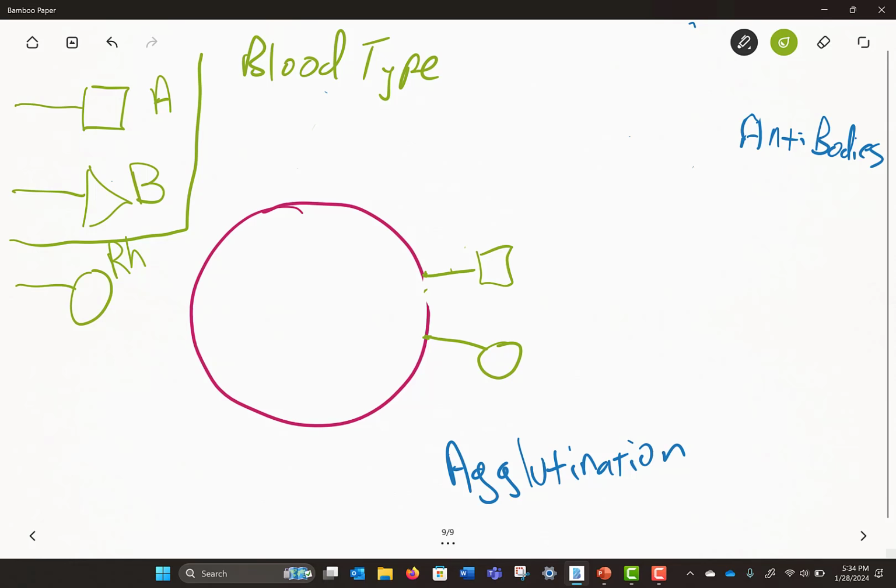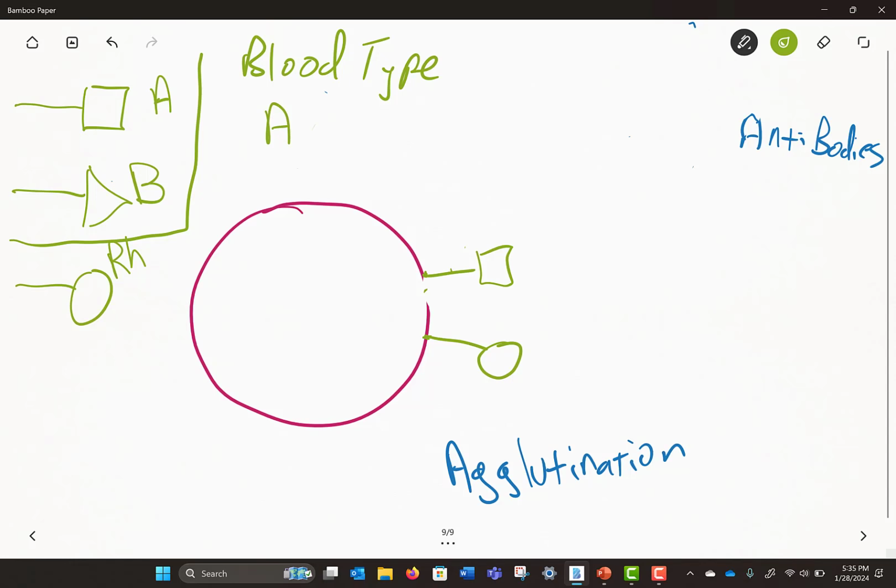What blood type are they? Well, they have blood type A because they have A antigens. They do not have B antigens, so there is no blood type B for this person. They do have RH, so it's tempting to say this person is blood type ARH, but that's not what we say.